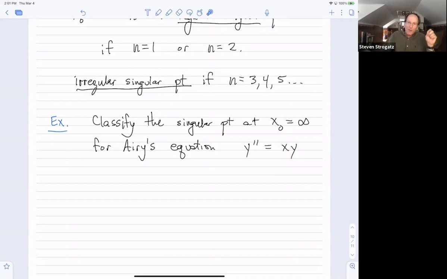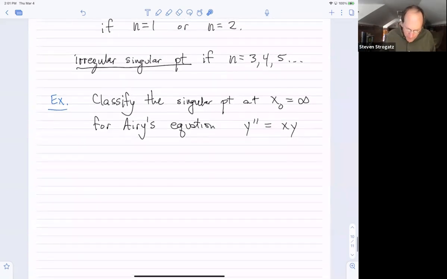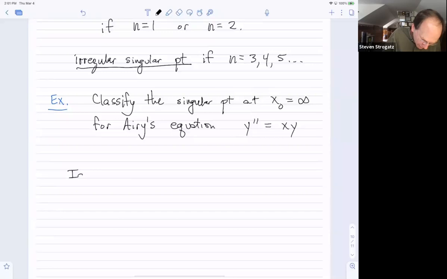X is the independent variable. But it's sort of right in that you do get kind of like exponential behavior on one side of the x-axis and kind of like oscillatory behavior on the other side. But getting that really nailed down is what we'll do later. Anyway, for now, let's just see what happens out at x equals infinity. The way that you approach something like this is to bring infinity into the origin by changing variables.